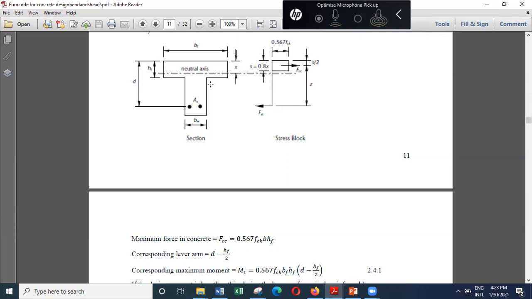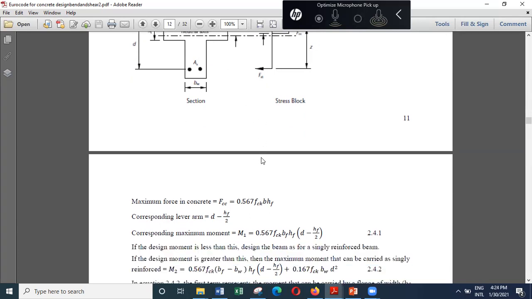So the moment carrying capacity of this situation and the situation where the neutral axis is such that this section is fully utilized will have only a very little difference in moment.